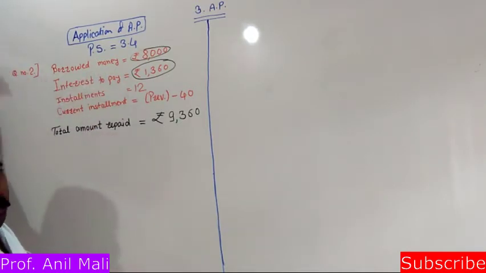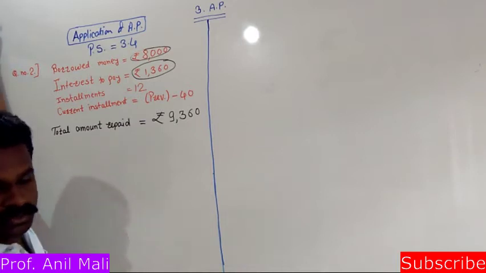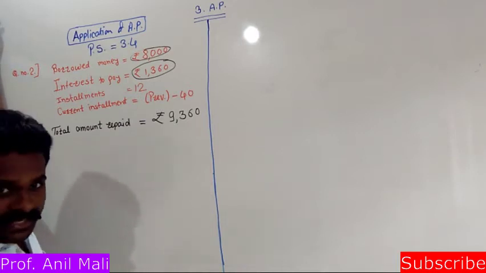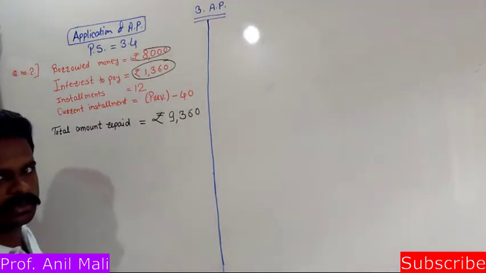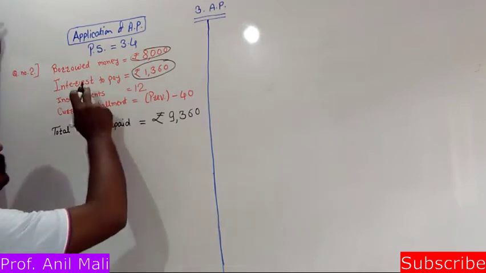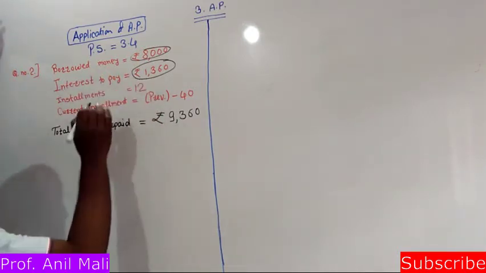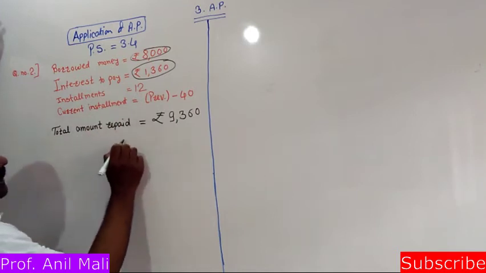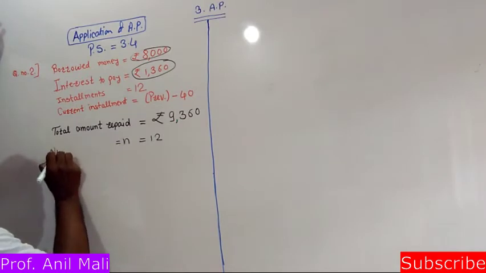How many installments are there? 12 installments are there. So n is equal to 12, which means 12 installments will be there. Okay, fine. So the total number of installments is 12, therefore n is equal to 12.